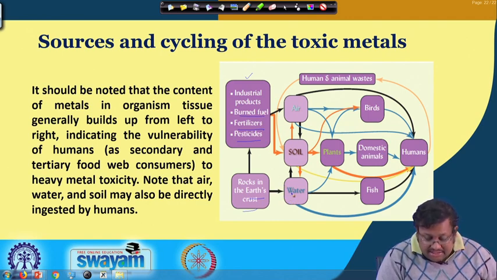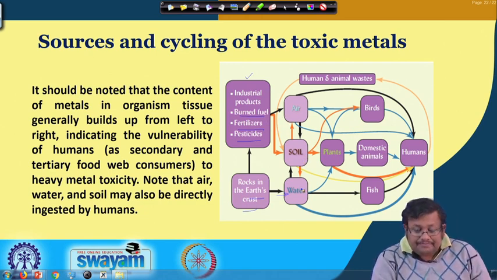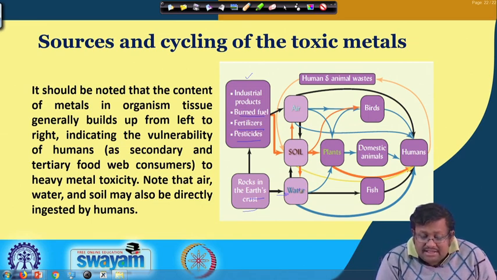The rocks in the earth crust can mix with water, and the industrial products, burnt fuels, fertilizers and pesticides can come directly into the air. From air, it can be accumulated in birds and in humans. From air it can deposit in the soil, from which plants can take it up, and from plants to domestic animals and further humans, and from soil to water, and from water to plants, domestic animals and humans.